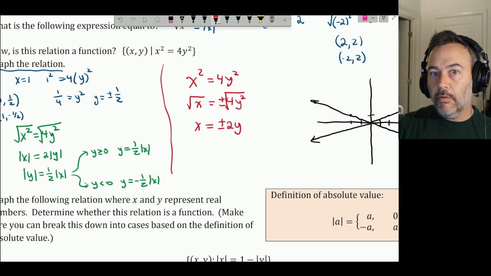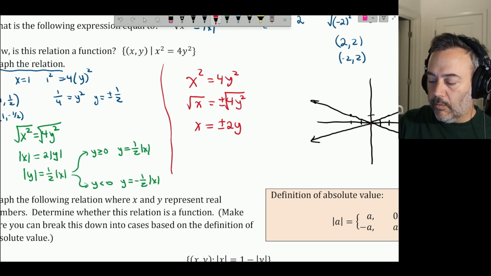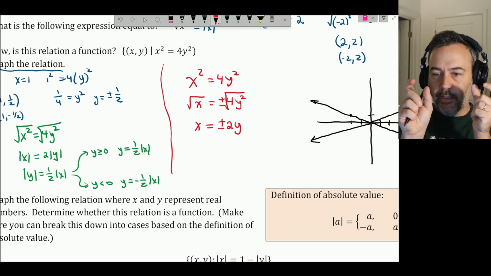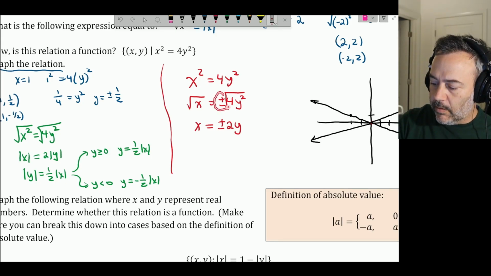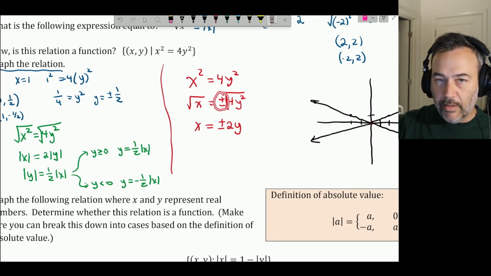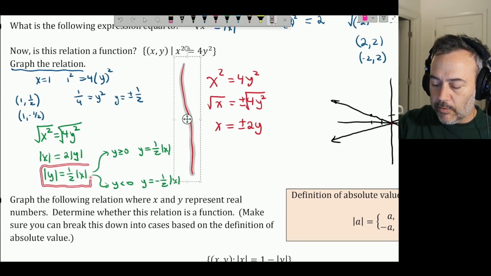Now notice I'm not writing the absolute value. It's a shortcut and it's equivalent to strictly using the rule and then splitting it up into the two cases.